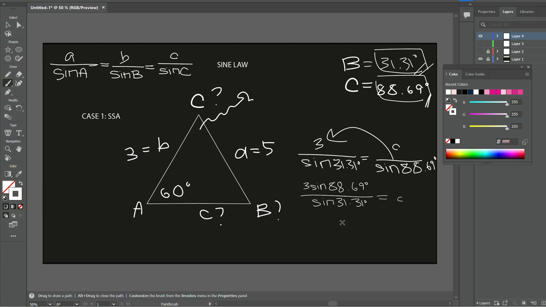Your c would be equal to 5.77. This is on the small c. Let's arrange this equal sign so it's uniform.